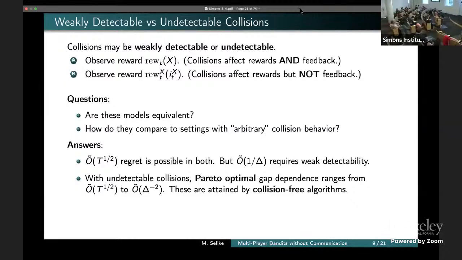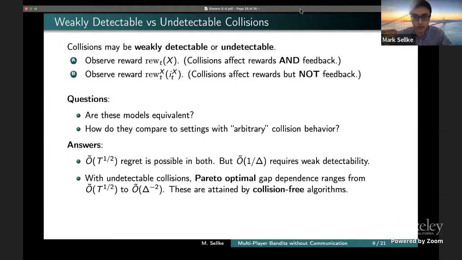Sorry, quick question while we're playing with the model. We considered the case where if there's a collision, the adversary is allowed to know you picked it and give you whatever reward it wants to mess up your algorithm. But you have considered that case. Yeah. So I'll say in a moment. The undetectable case is the hardest case, and it's solved by algorithms that just never collide at all. So the algorithms I'll actually talk about will just have no collisions at all.